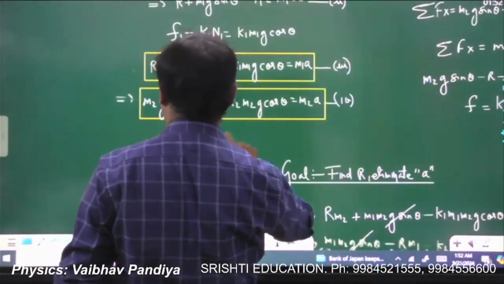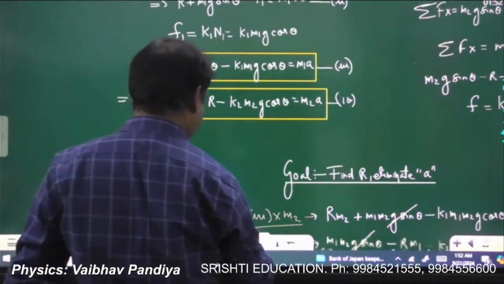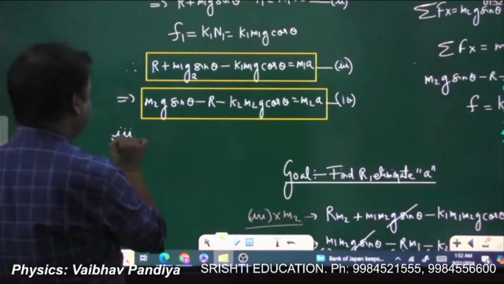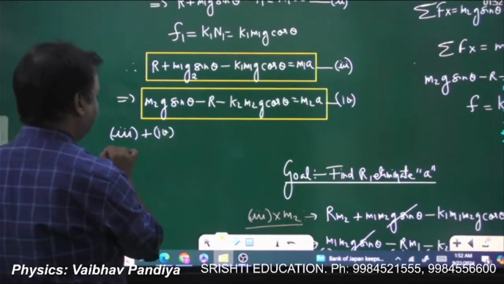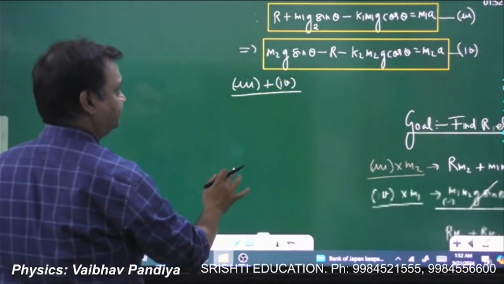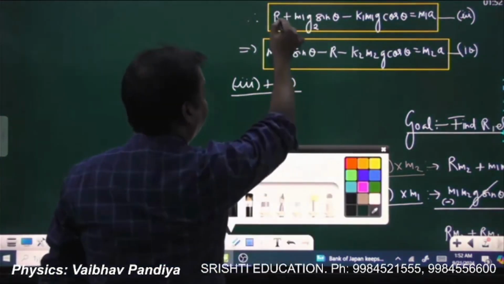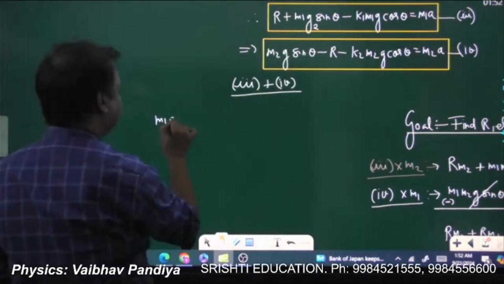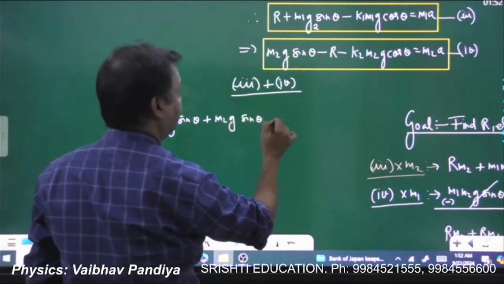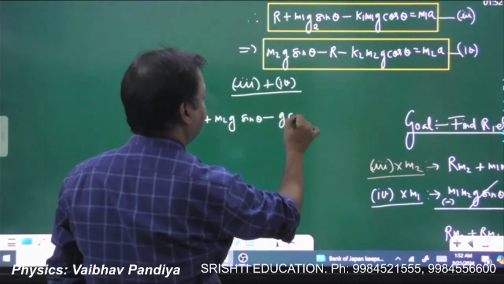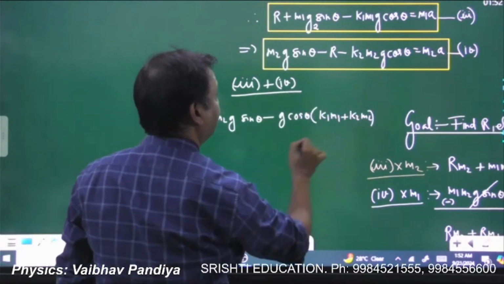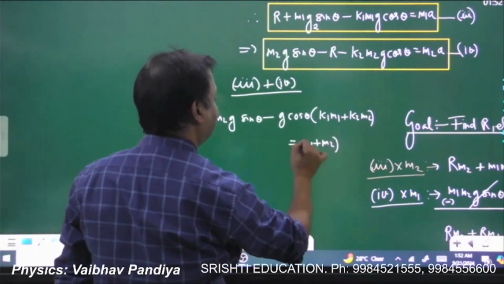So now what I'm going to do is simply add both the equations, equation number 3 and equation number 4. When you add up both the equations, what will you get? See, r will get cancelled away. You will get m1g sine theta plus m2g sine theta minus g cos theta (k1 m1 plus k2 m2) is equal to (m1 plus m2) multiplied by a.